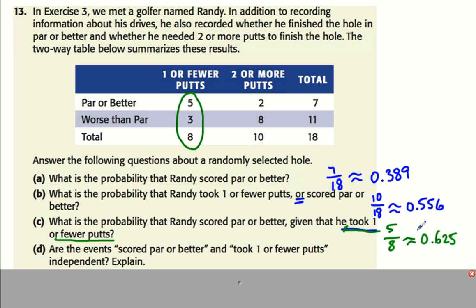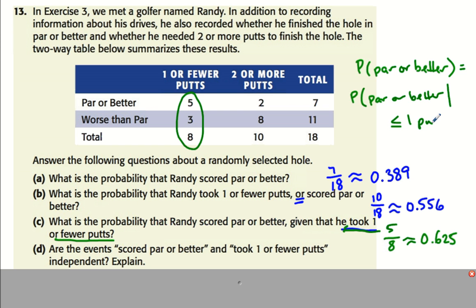In other words, the probability of par or better should equal the probability of par or better given that he had less than or equal to one putt.